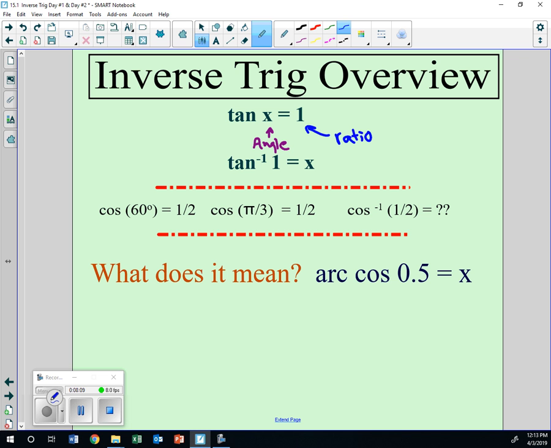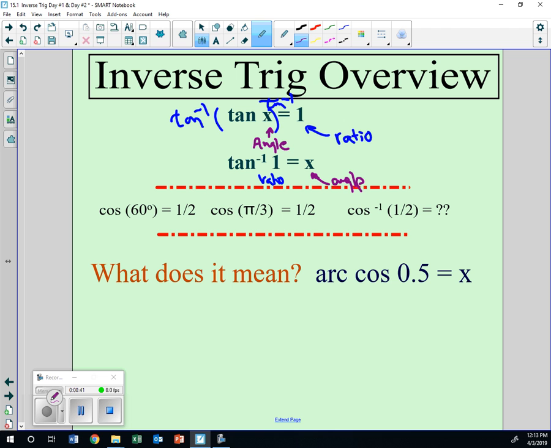So if you take the inverse of tangent to both sides, now you're going to get the inverse tangent of the tangent of x, which is x, and that'll be equal to the inverse tangent of 1. So what we're doing here is 1 is still a ratio, and x is still an angle. So if I take the inverse tangent of a ratio, I'm going to get an angle.